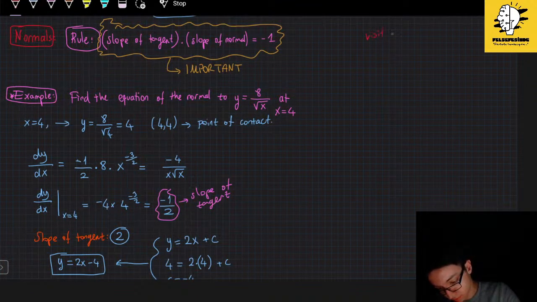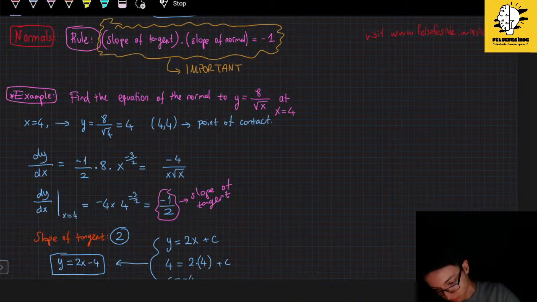For normals, this is an important part which IB likes, because our rule says, let's take a look at our rule, that the slope of the tangent times the slope of the normal is equal to minus 1.